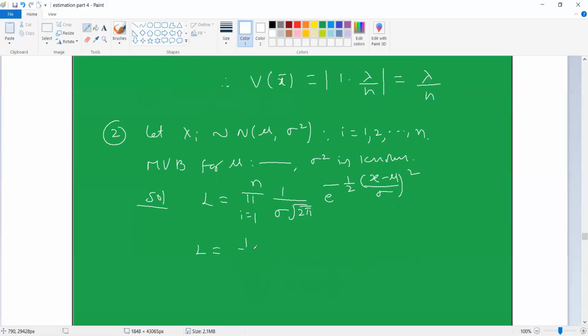So L is equal to (1 by sigma root 2 pi) whole to the power n, e to the power minus half summation i = 1 to n ((xi minus mu) by sigma) whole square.